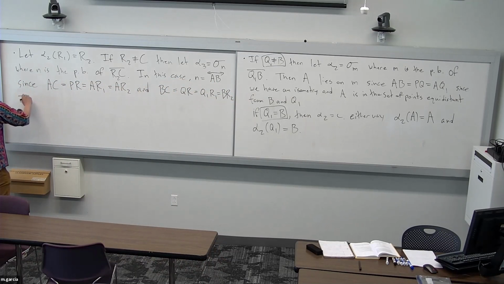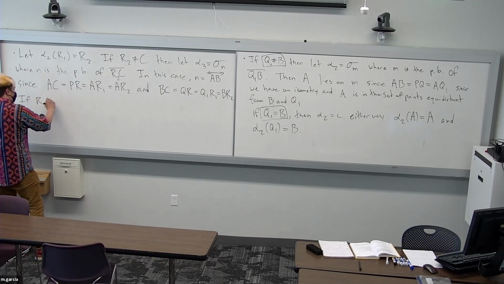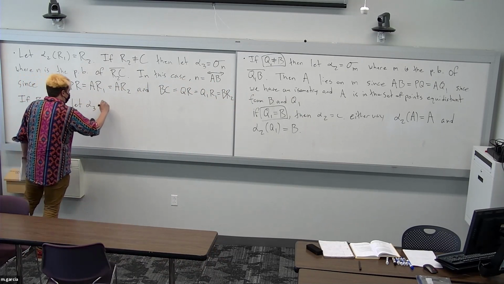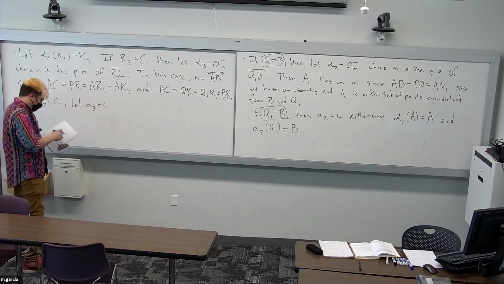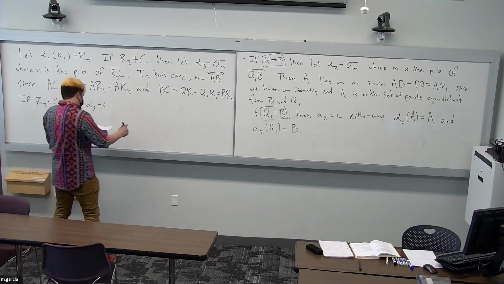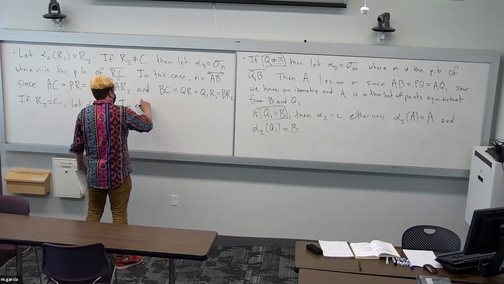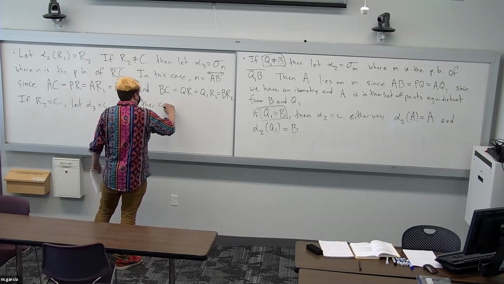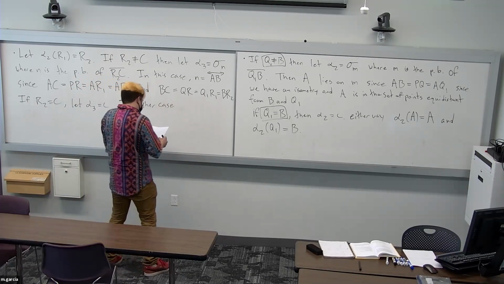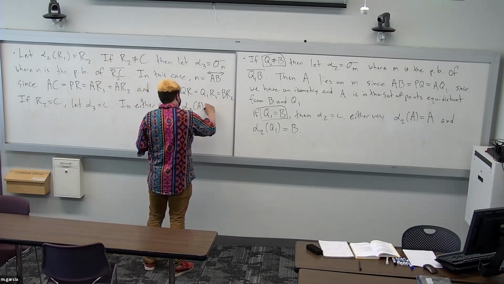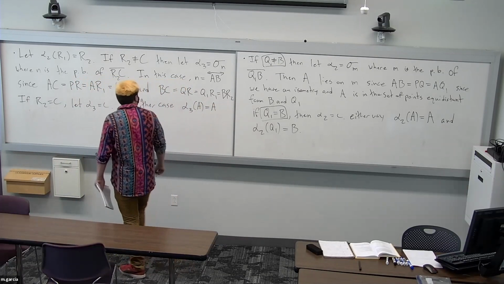And then of course we have the case if R2 equals C, then we let alpha 3 be the identity. In either case, we get alpha 3 of A is equal to A, right?